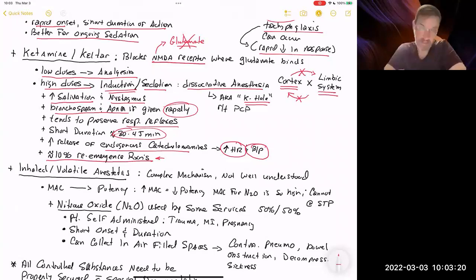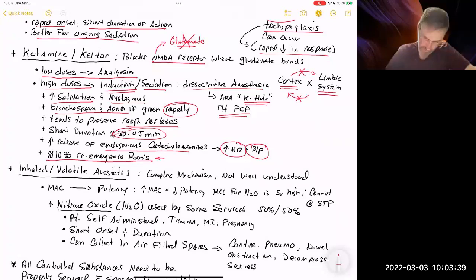Ketamine is actually chemically very similar, a cousin to another dissociative anesthetic agent called PCP, phencyclidine, or sometimes referred to as angel dust. And the effects of PCP are, as you might imagine, remarkably similar to ketamine.